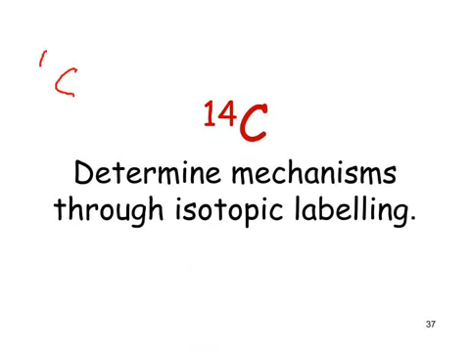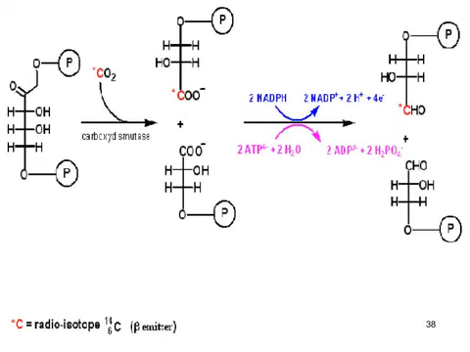Normal carbon is C12. What about C14? C14 can be used as an isotopic label to determine mechanisms. And this is particularly the case in metabolic cycles like glycolysis and the Krebs cycle.